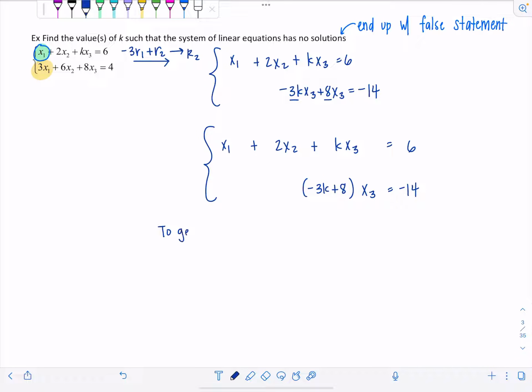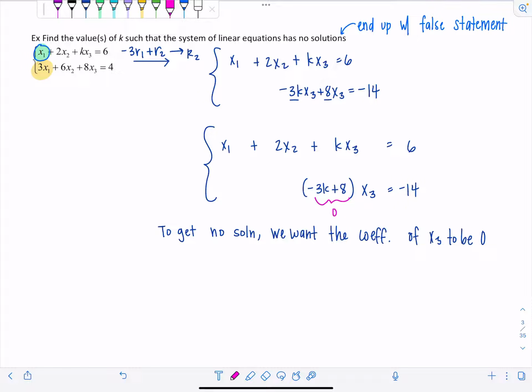To get no solution, we want the coefficient of x3 to be 0. Why is that what we want? Because if this is a 0, then we would have a false statement, because then we would have created an equation that states that 0 equals -14, which is total garbage.